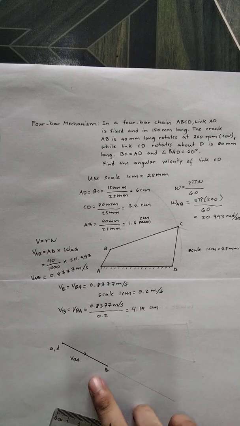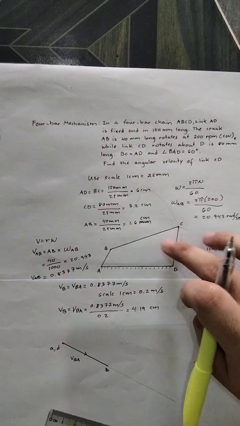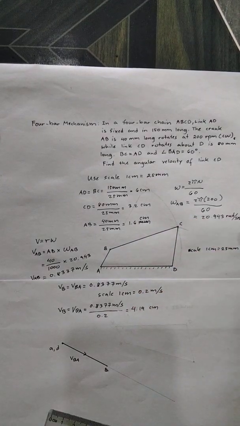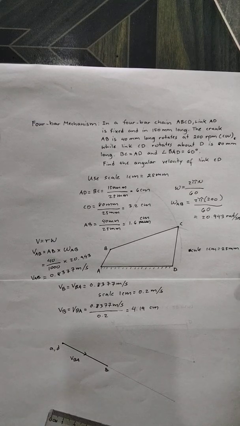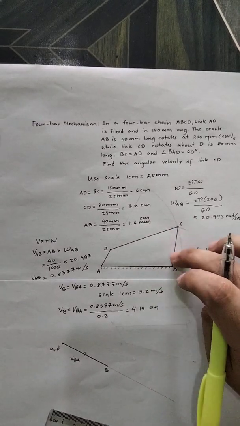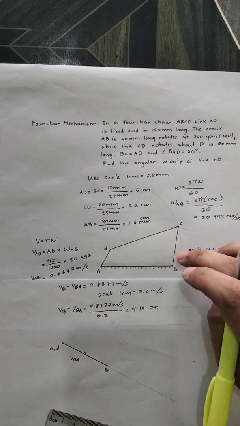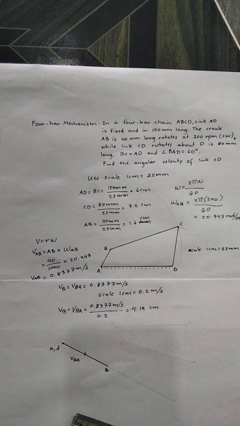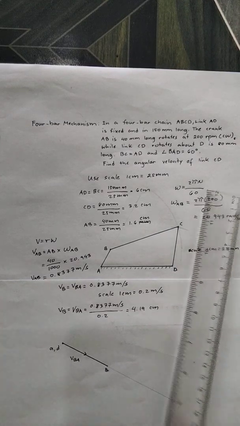Now we need to calculate the velocity of this link. Okay, so we don't have a value, so we don't know where it should occur, but what we know is that the linear velocity of these two links will always act perpendicular to their link. So again, draw.